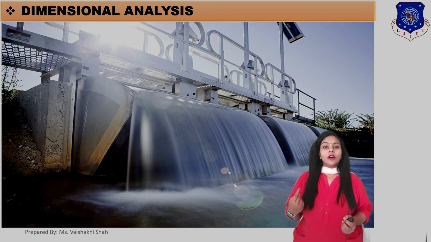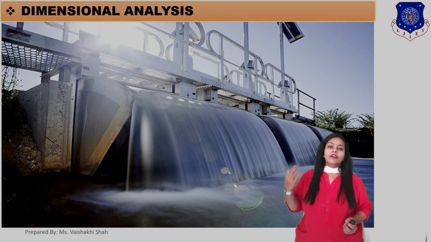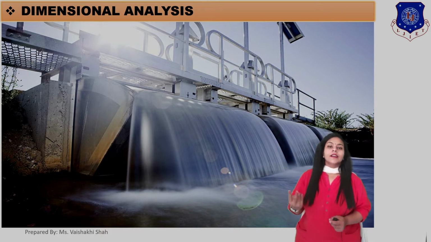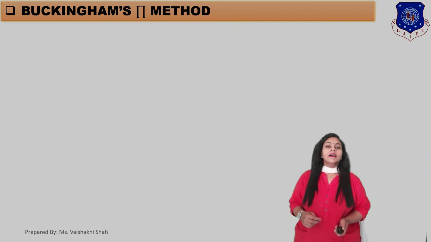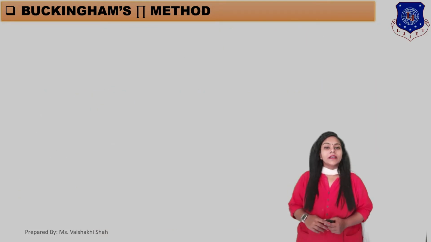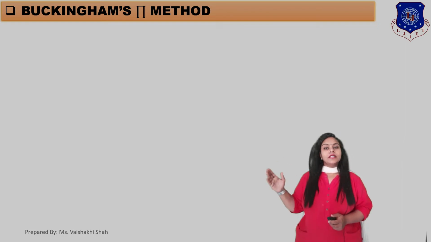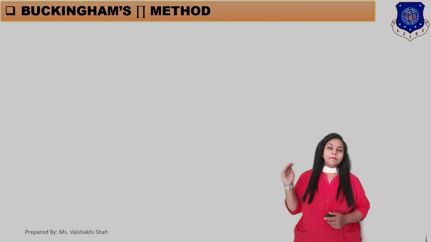The first was the Rayleigh method, which we already discussed in our last session. Now the second method is the Buckingham-Pi theorem method, and in today's lecture we will discuss it.